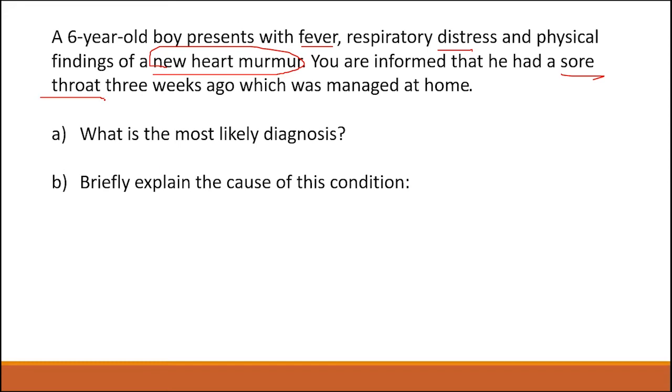So we can say that strains of group A beta hemolytic streptococci become very susceptible to the host, or when these group A beta hemolytic strep gets into the host, it begins to cause an abnormal immune inflammatory response.